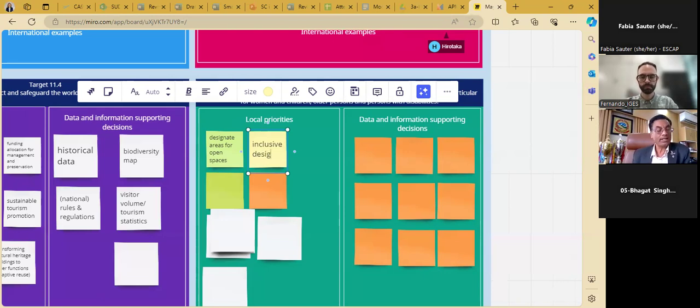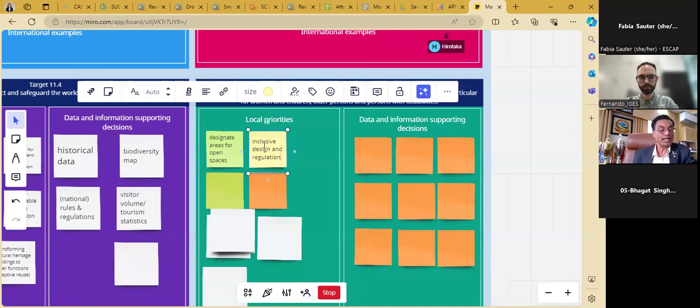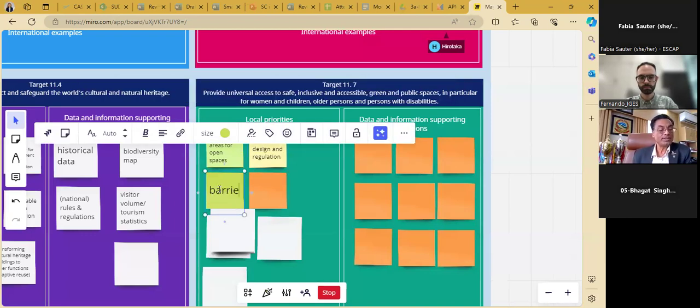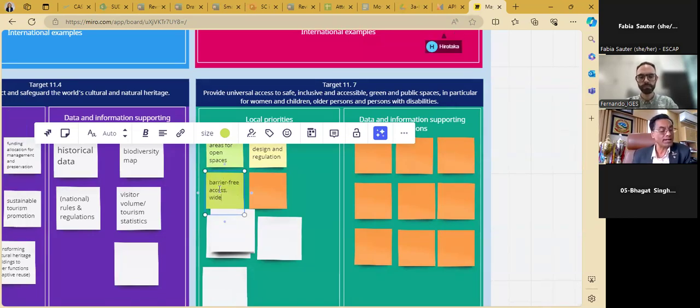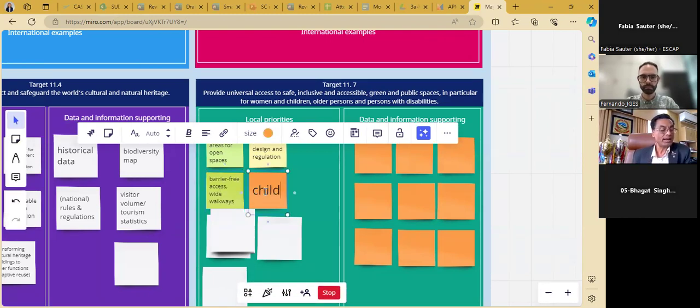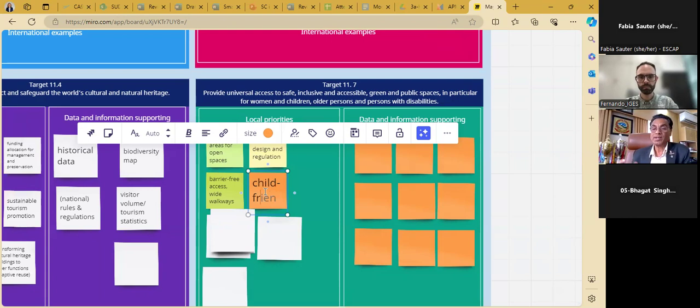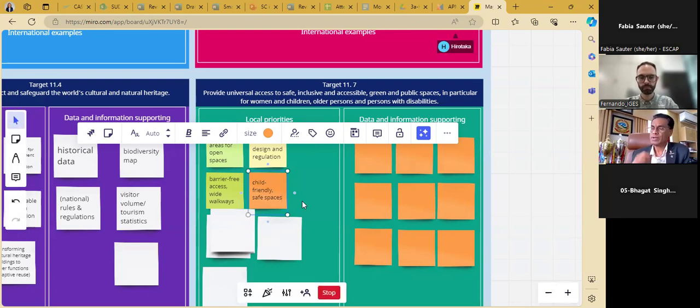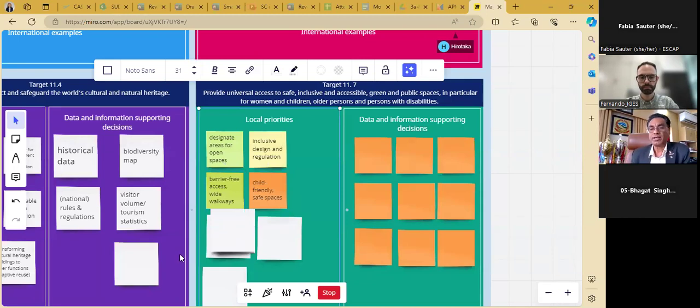Barrier-free access is needed, like wide pathways and accessible seating areas for people with disabilities and older persons in the open spaces and greenery. And child-friendly spaces like soft ground surfaces, and safety measures like CCTV, because in open spaces other people will come, so we need safety also. The security side is also a main problem, so we need to give assurance for security. So these are our main aims.